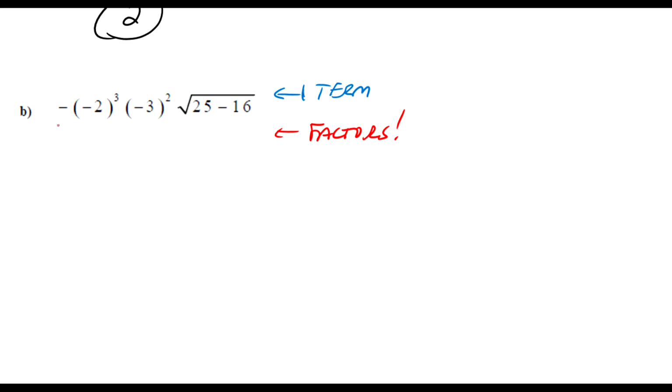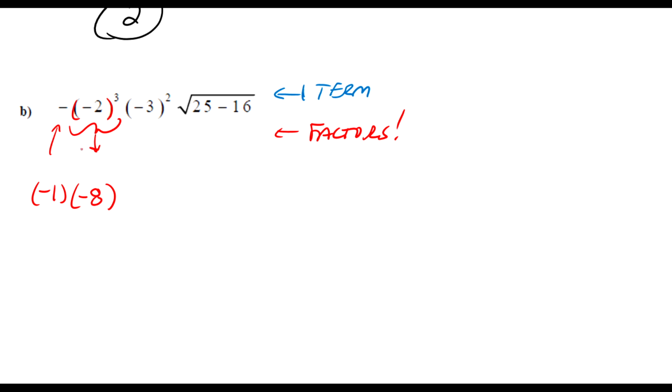Well, I have this negative sign in front. That's a factor, and I know the value is -1. Now, the set of parentheses is identifying another factor, but it's -2 cubed. So what I want to do is keep track of that factor value. So as one factor, I'm going to group this together. -2 cubed would be a -8.